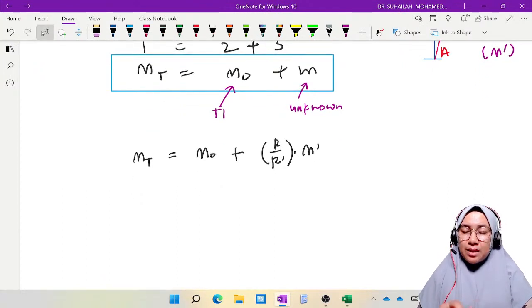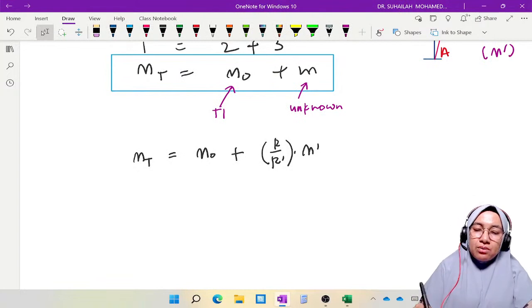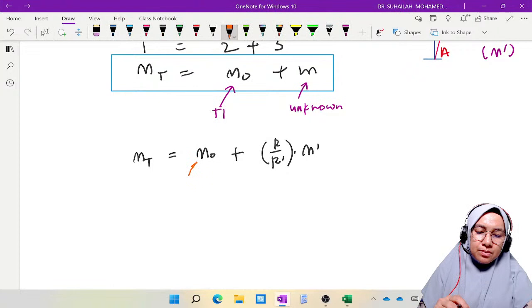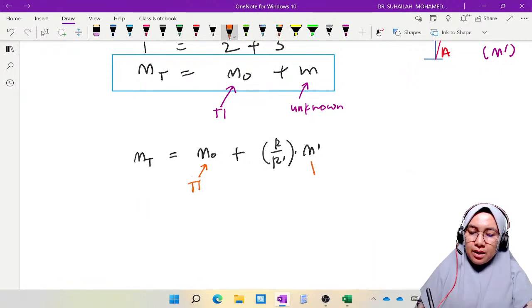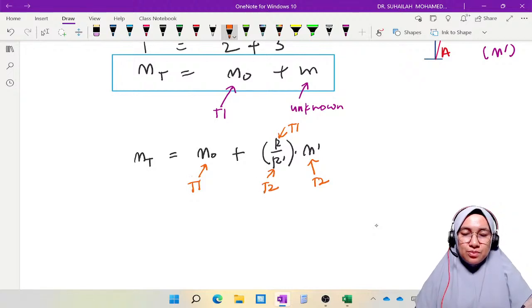In summary, m naught and r are from table 1, and r prime is from table 2.